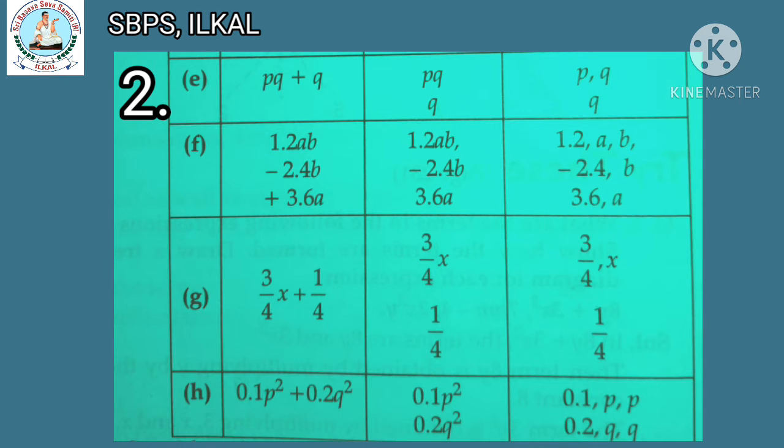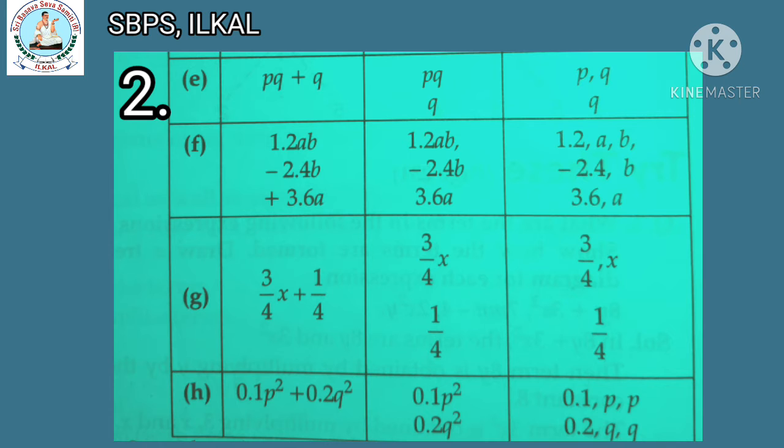Next expression, PQ plus Q. Here PQ and Q are the two different terms. Factors for PQ are P and Q, and factor for Q is only Q. The next expression is 1.2ab minus 2.4b plus 3.6a. It is a trinomial expression, children.